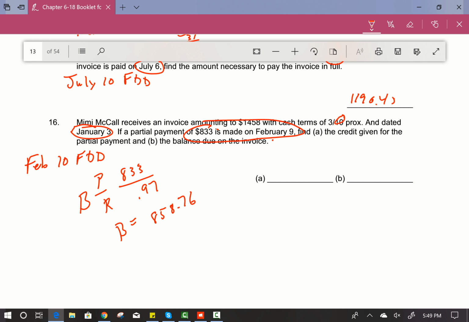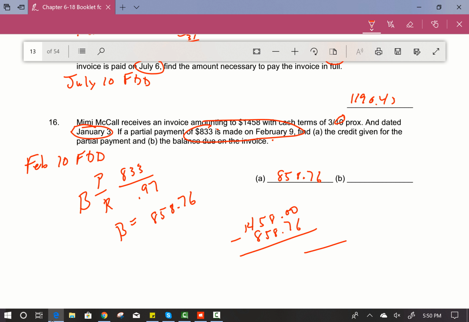Okay, we're going to subtract that. We're going to subtract the cost of the invoice. Put my answer right there, $8.58. And then I'm going to take the $14.58, the amount of the invoice, minus what we're going to credit their account of $8.58.